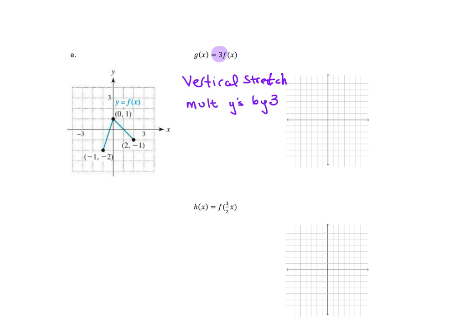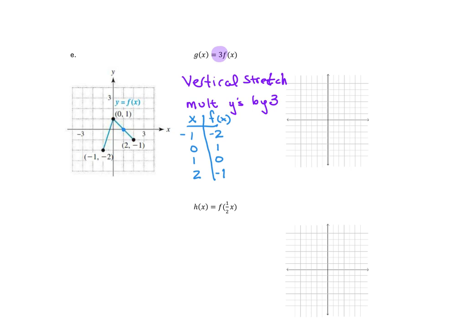All right, so we can go ahead and do what we were doing before if you want to work with tables. And so if I look at my original function, f of x, we have some points here. We have -1, -2. We have 0, 1. You can also have 1, 0. That's this one right here. And we have 2, -1.